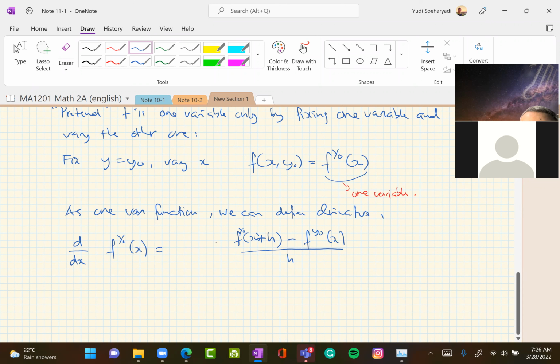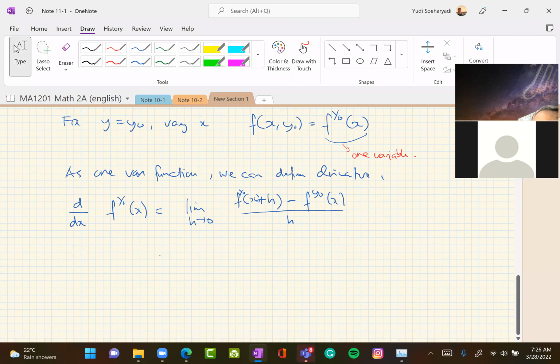And this quotient is now defined. Why? Because h is a number. So this is just the regular definition of the limit of the derivative. So what does it mean?